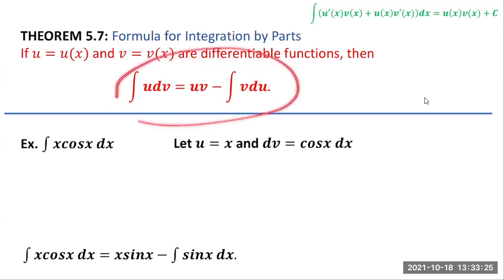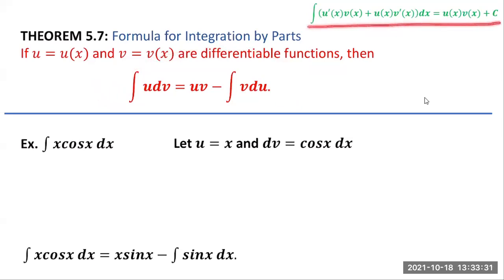All right, how is this formula true? Well, it's a straightforward implication of the formula that we discussed in the previous slide, undoing the product rule. The integral of this function is equal to u of x times v of x, and that's true because we know that the derivative of this is exactly this function.